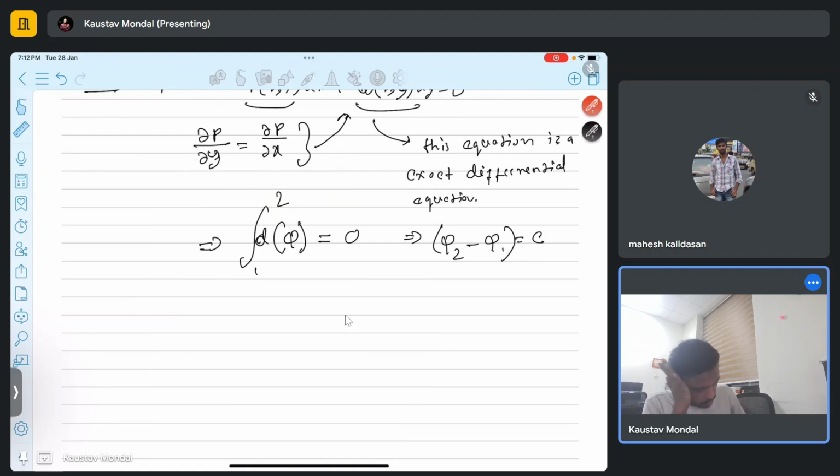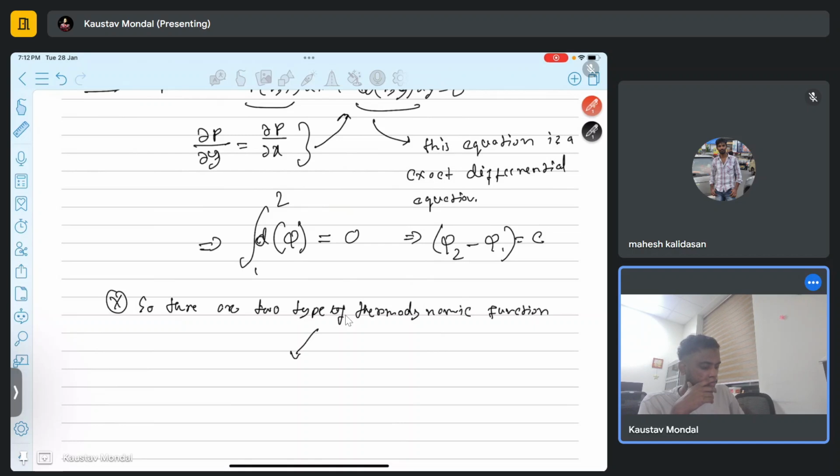So there are two types of thermodynamic functions. One is path dependent, one is path independent, right?